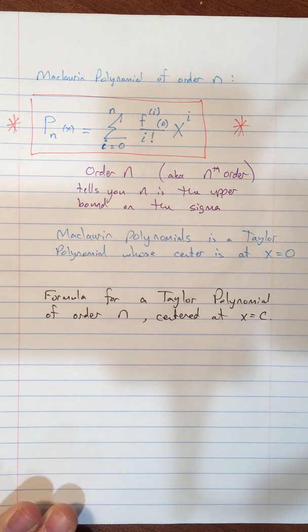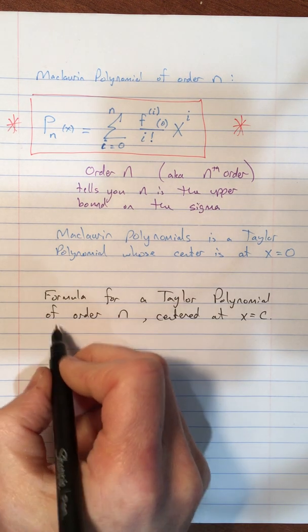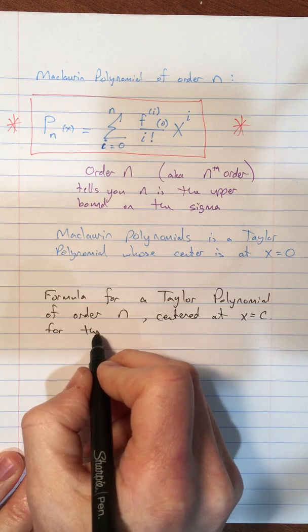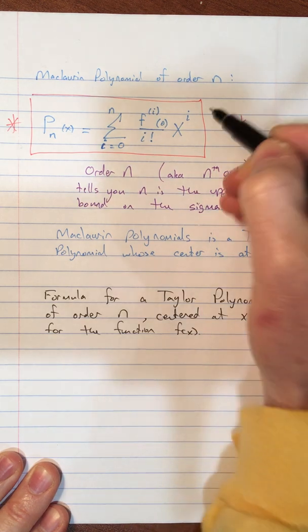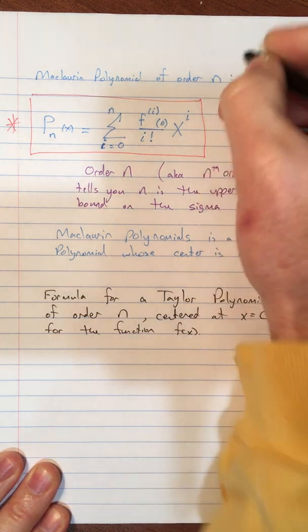A Taylor polynomial of order n centered at x equals c, I guess we could say for the function f of x. And really that's what we've got here too, right?